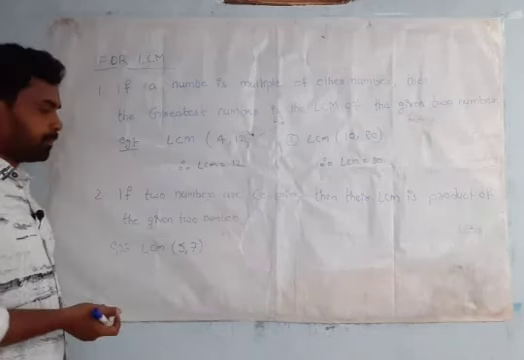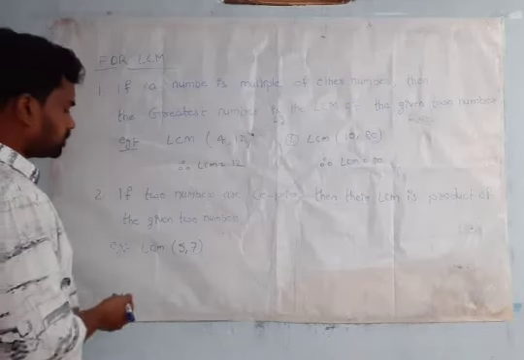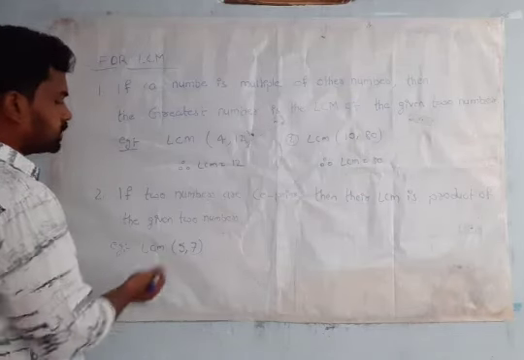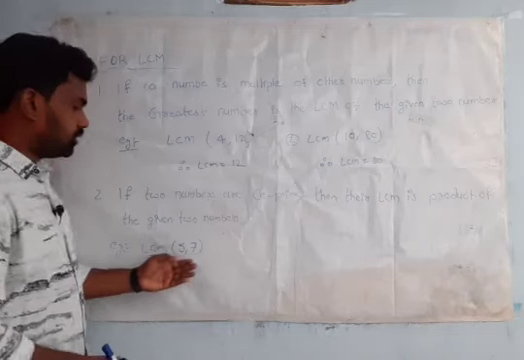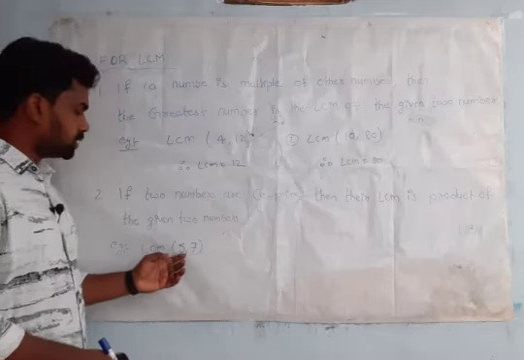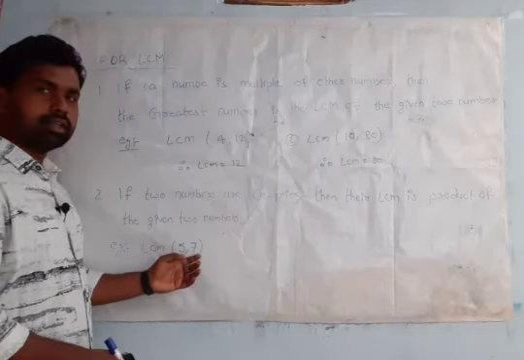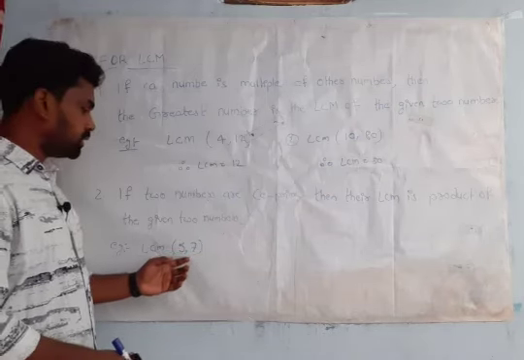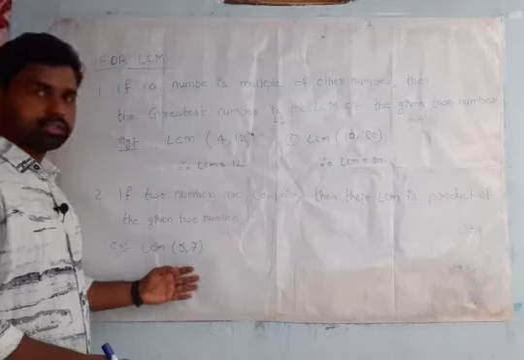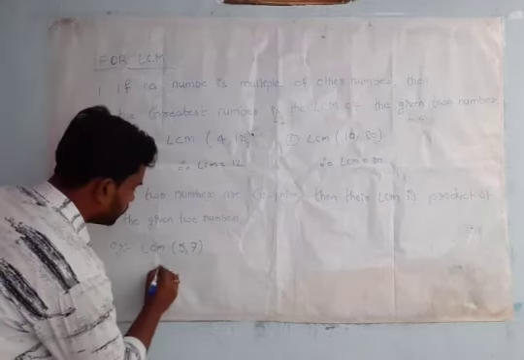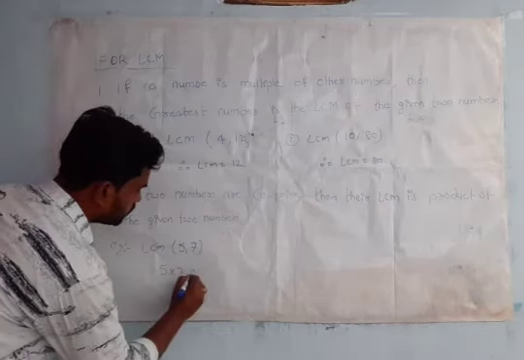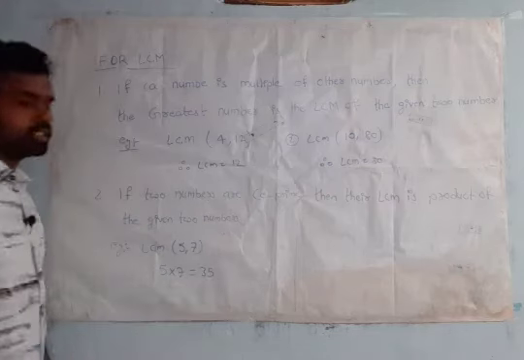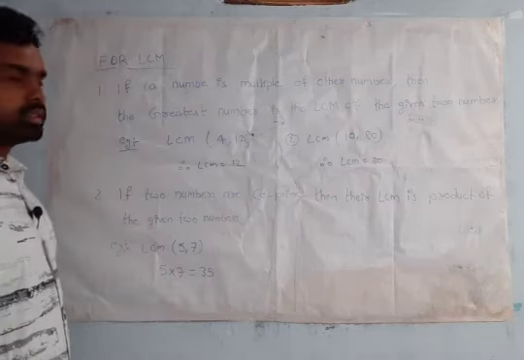Correct? Now, LCM of 5 comma 7: it has only two factors, 1 comma 5 and 1 comma 7, so only one is the common factor. So in this type of questions, you have to multiply the numbers. LCM is 5 into 7. 5 7s are 35. Over, finish.